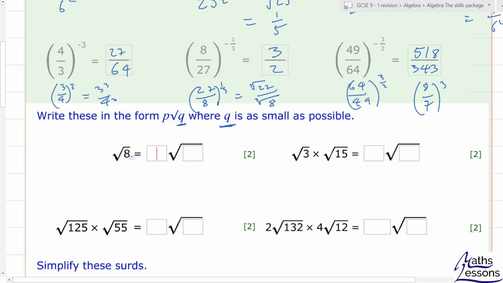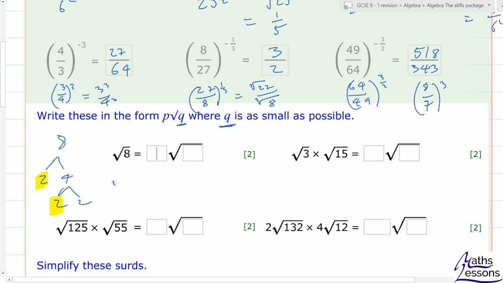Okay, that's enough time to do the first one. Now, key to these is finding square numbers, and if you can't see square numbers, well, it's easy to see that the square number 4 goes into 8, but on other numbers it might not be so easy. So what you can do is prime factorize, and this is a foolproof method, it always works. So we can see we've got 2 times 2 times another 2. Everywhere you have a pair of numbers tied together, that gives you a square, so you can take it out.